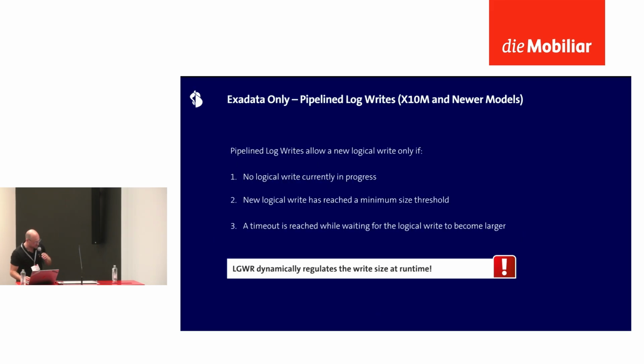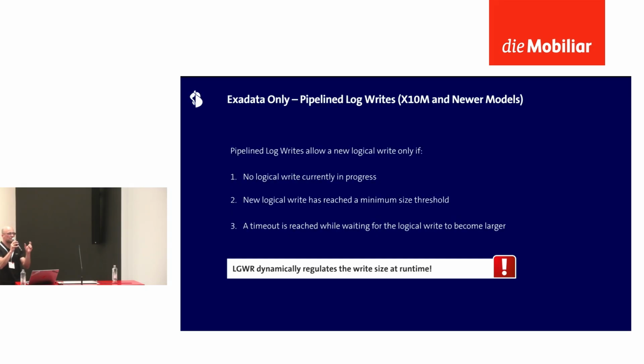Yeah, I keep on referring to this Exadata feature, and just maybe a short preview on how it works at the high level. On Exadata, pipeline log writes only issue a write immediately if there is no active write in progress. And there are two thresholds, a write size threshold and a timeout threshold. The write threshold is recomputed at runtime based on various statistics.